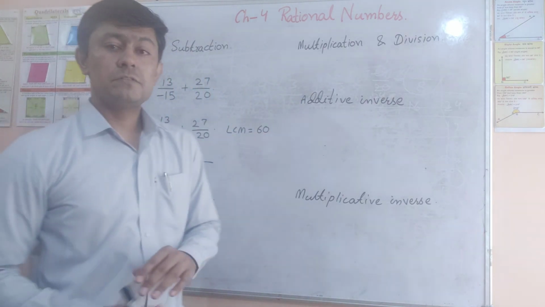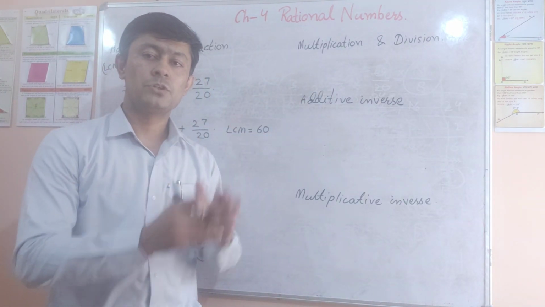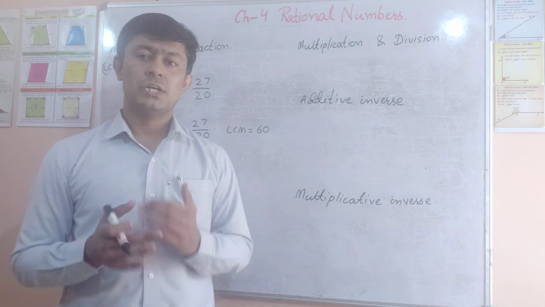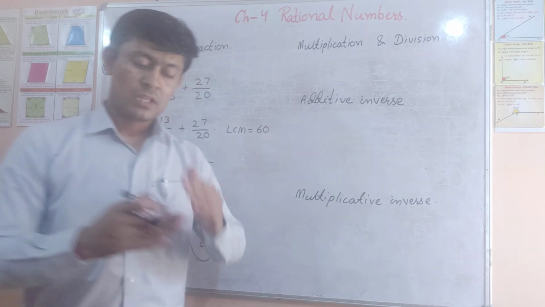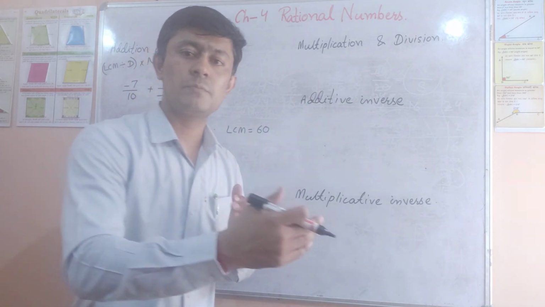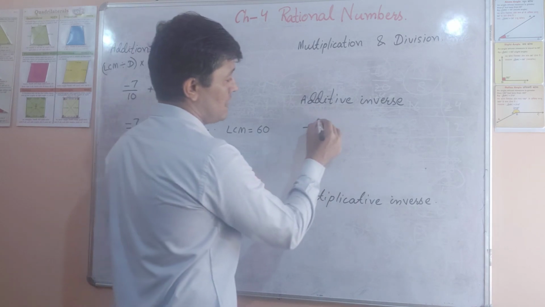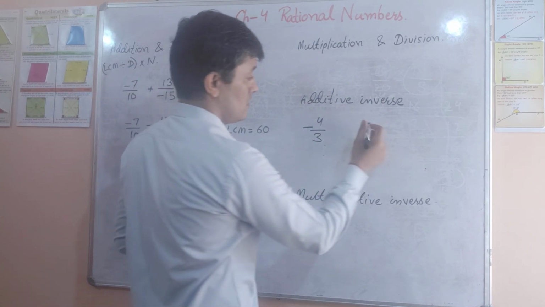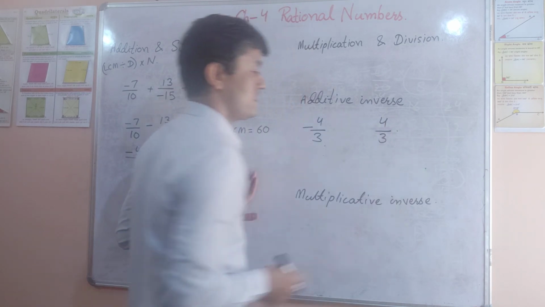In case of additive inverse, if you have to find out the additive inverse of any rational number, what you have to do? Just change the sign. If it is negative, the answer will be positive. If it is positive, the answer will be negative. Now see, minus 4 upon 3. What is the additive inverse of this one? Plus 4 upon 3. That's it.